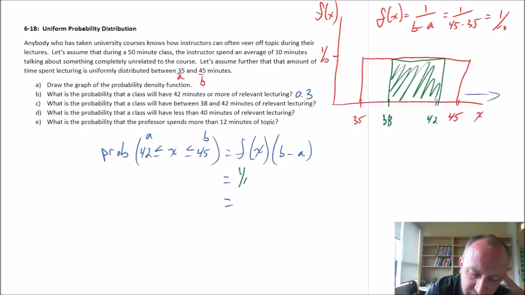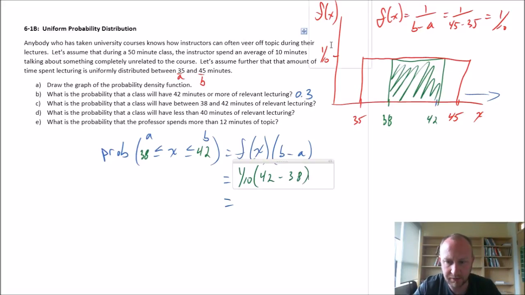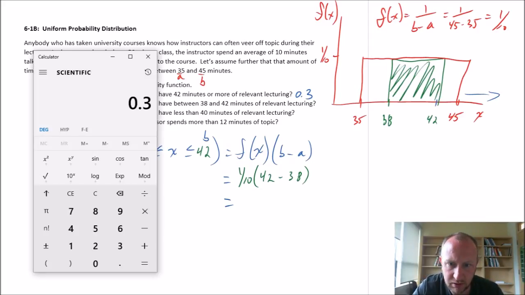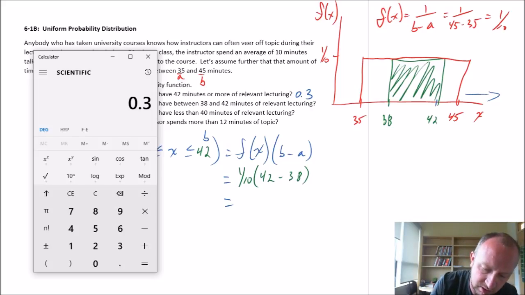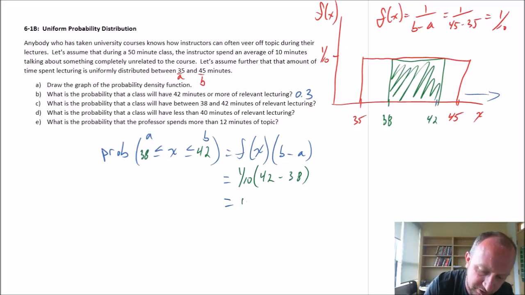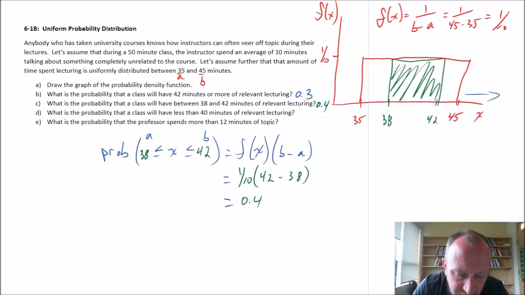So this is 1/10 times 42 minus 38, so that's 1/10 times 4, 0.1 times 4, 0.4. Easy enough. 40% chance that it will be between 38 and 42 minutes of relevant lecturing.